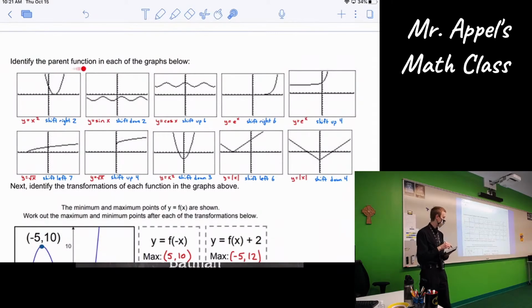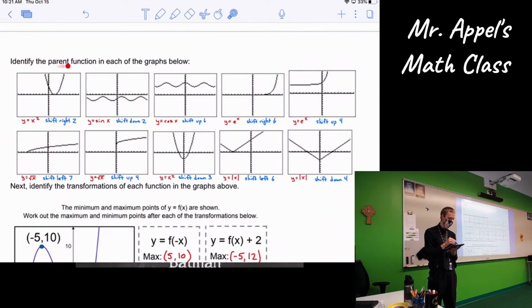I said the parent function, which would imply f of x equals x squared. For the review, that's fine. On the test, if I say identify the parent function, I'm asking for an equation. Function is our new fancy word for equation.